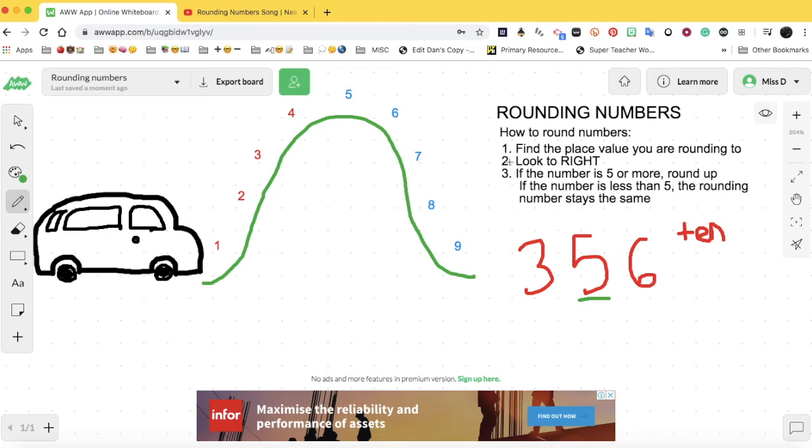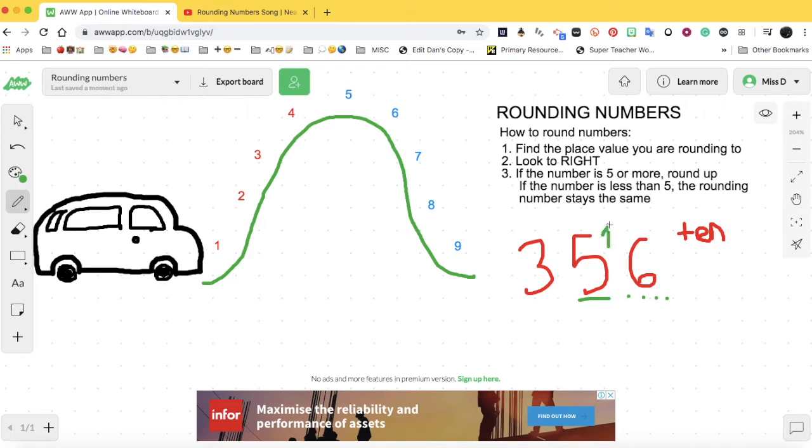Then we look to the right. This number here to the right tells us if we're going to round up or down. Now rule number 3. If the number is 5 or more, then you round up. If the number is less than 5, then the rounding number stays the same. So tell me, with this number here, because it's a 6, am I rounding my 5 up or am I keeping it the same?